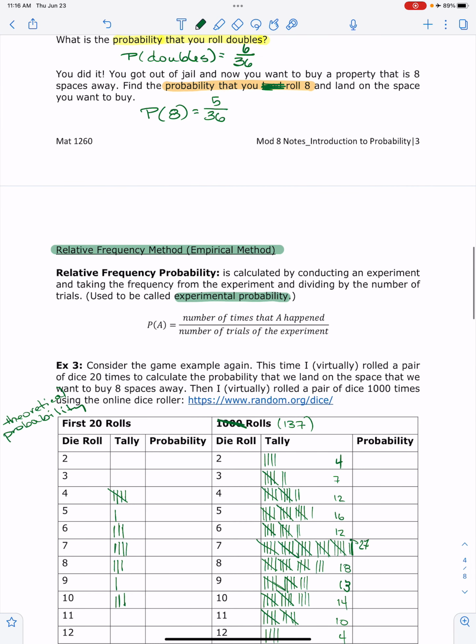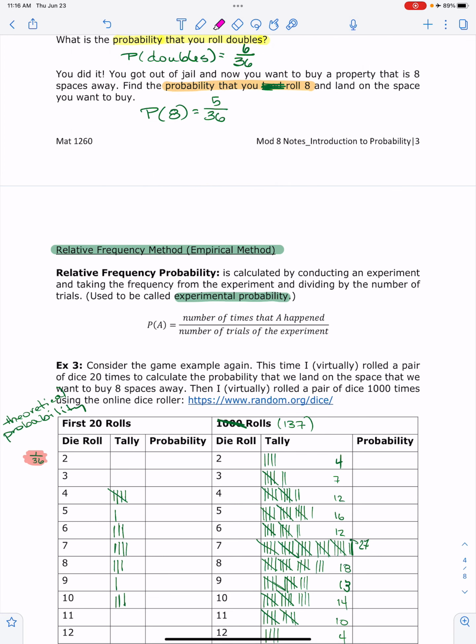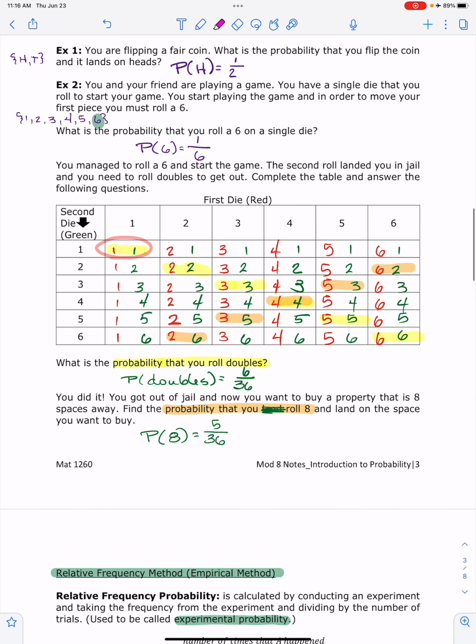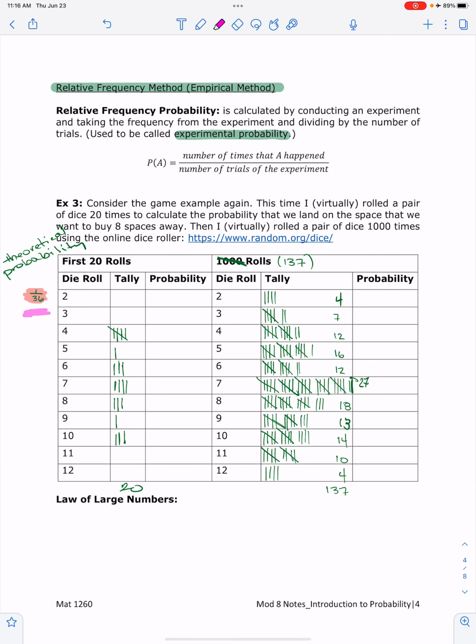So I know that the probability of rolling a 2 is 1 out of my 36 different possibilities here. If I want to roll a 3, the only way I can roll a 3 is that 1 and 2, or 2 plus 1. So I know down here the probability of rolling a 3: there are 2 ways I can do that out of my 36.